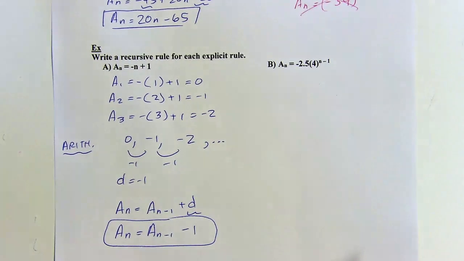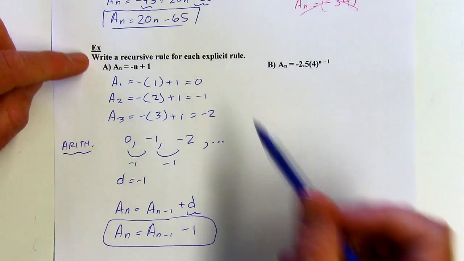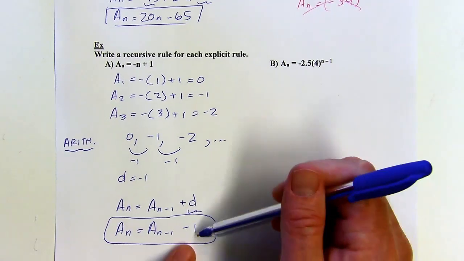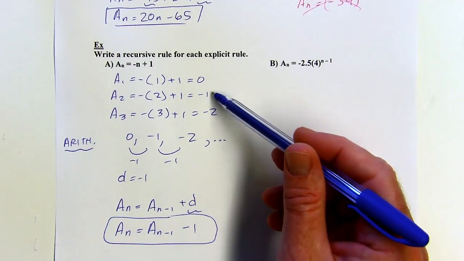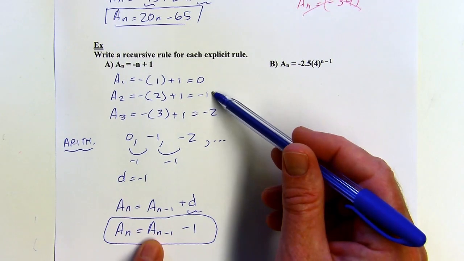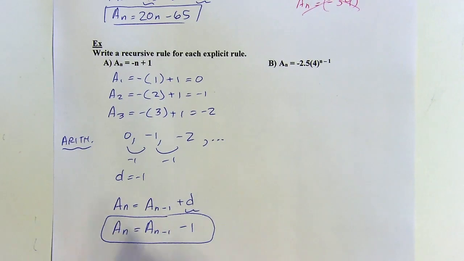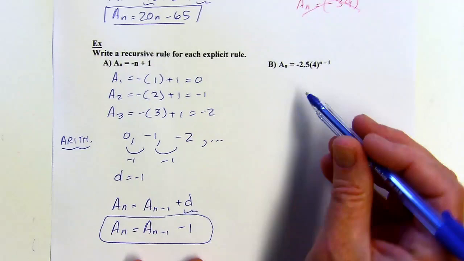And there we go, okay? And so, you know the first term's 0, so you can try it out. If you plugged in 0 and then subtracted 1, that would get you to negative 1. If you plugged in negative 1 for your previous term, that would come out to negative 2. So it'll work to create this sequence here, right? Okay, let's try it again.